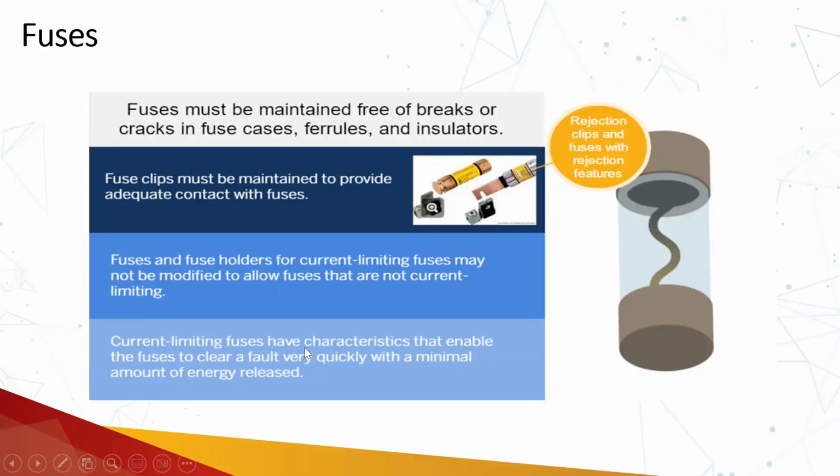Current limiting fuses have the characteristic that enables the fuse to clear a fault very quickly with a minimum amount of energy released. So we need to take those things into consideration as well, that a fuse or fuse holder for current limiting fuses may not be modified to allow fuses that are not current limiting.